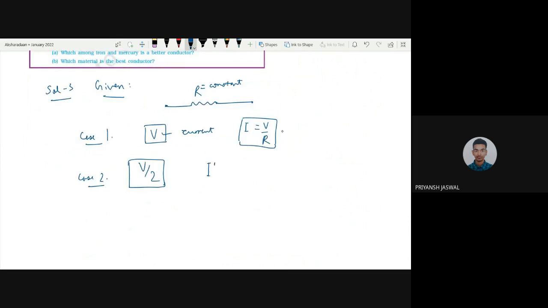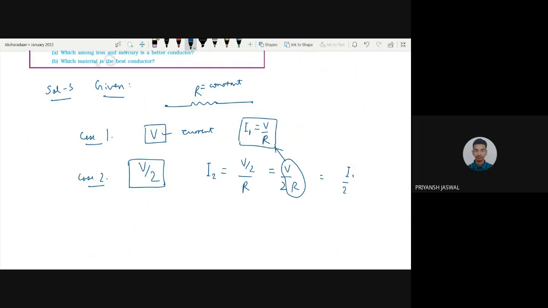So current in case 1 and case 2, let's denote with I1 and I2. So it will be V by 2 by R. R is same, potential drops to half, so V by 2R, and V by R is nothing but I1, so it becomes I1 by 2.